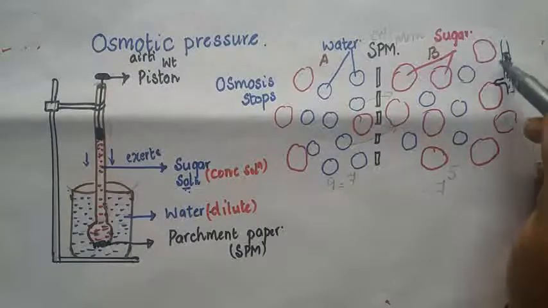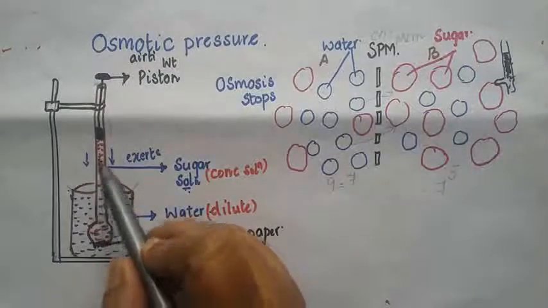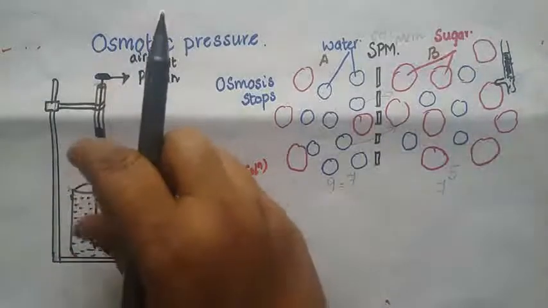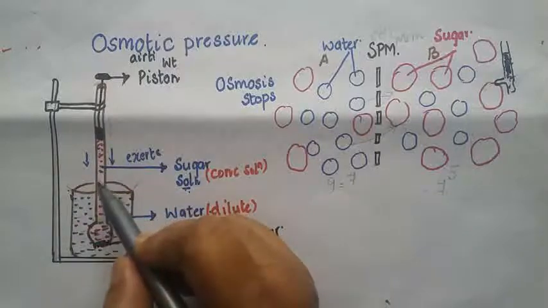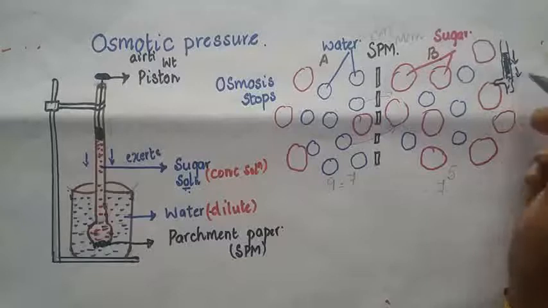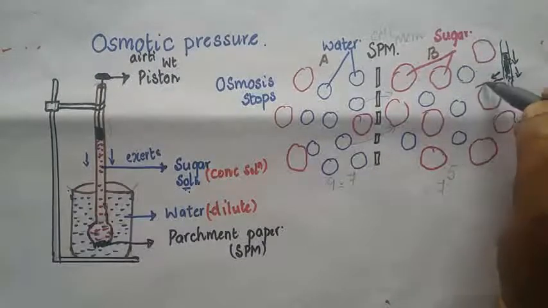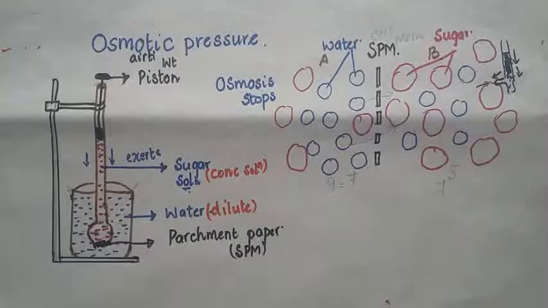Or you can say in the solution that has been collected in the xylem tissue, which can be compared to the Thistle funnel. Due to the weight developed in the Thistle funnel, which exerts a pressure downwards towards the cell membrane, no osmosis occurs.